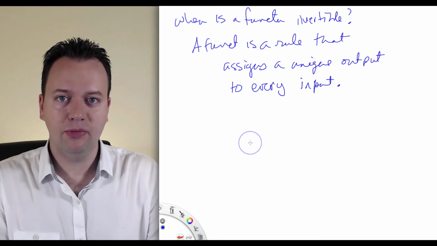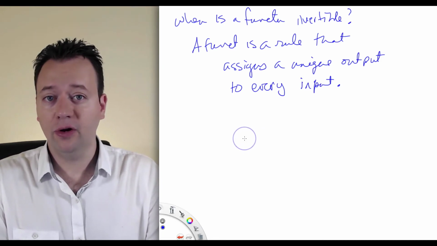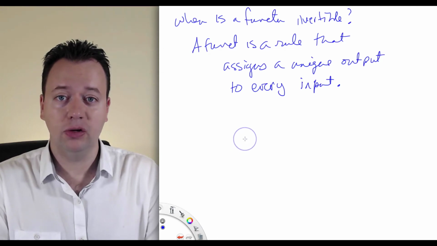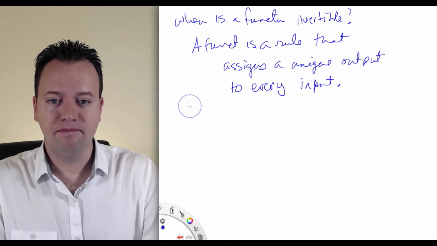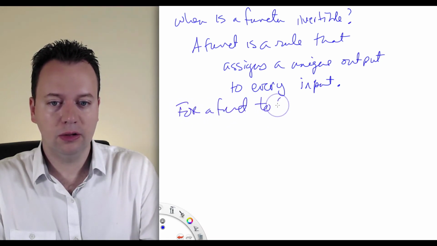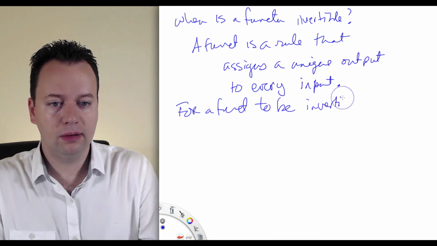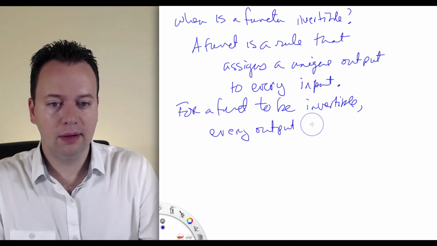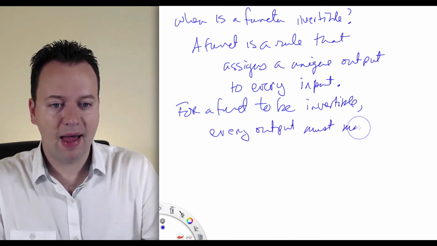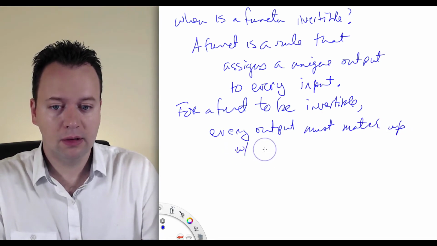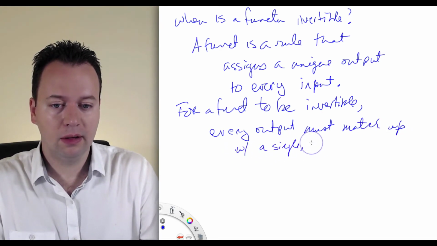For every input, there's a unique output. For a function to be invertible, it also has to be true that every output has a unique input. Every output must match up with a single, unique input.